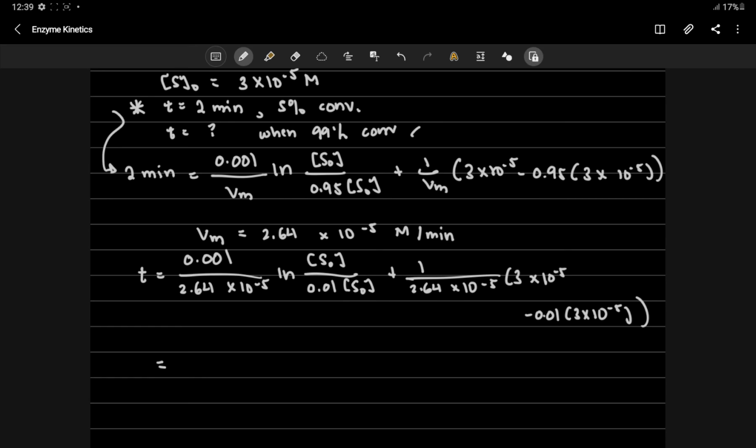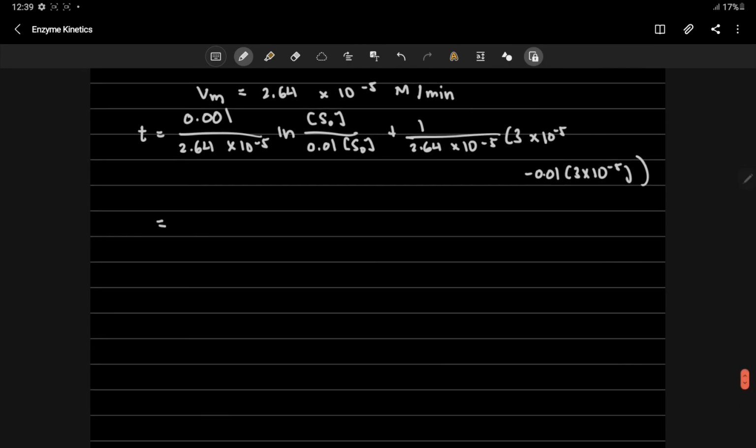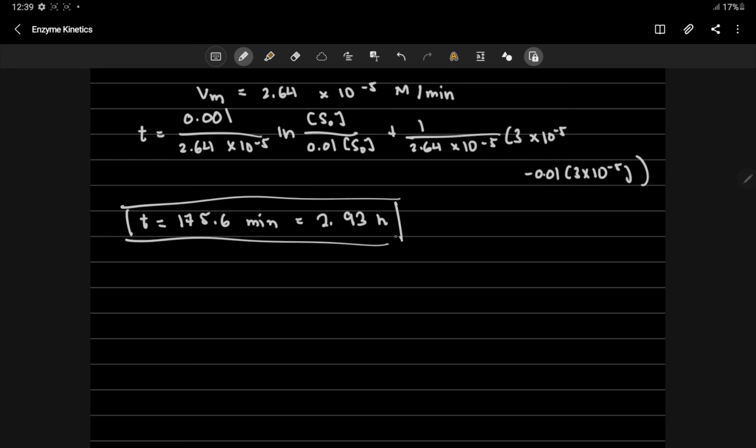So the answer is T is equal to 175.6 minutes. In terms of hours, yan ay approximately 3 hours, or to be quite precise, 2.93 hours. So that is the time required for you to achieve 99% conversion.